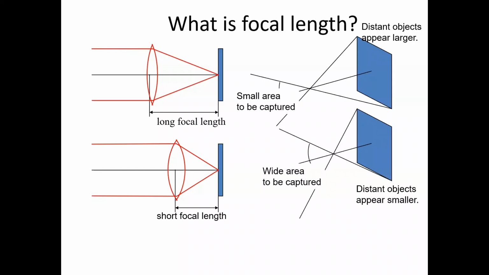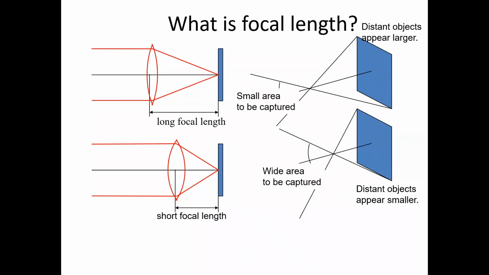Then the lens position, of course, with a short focal length, you can get closer to the imager, right? But the imager size is usually the same. So that means the lens system is getting closer to the imager. Then simply you can see that the area that can be captured by the lens is getting larger. Okay, so this is just simple.